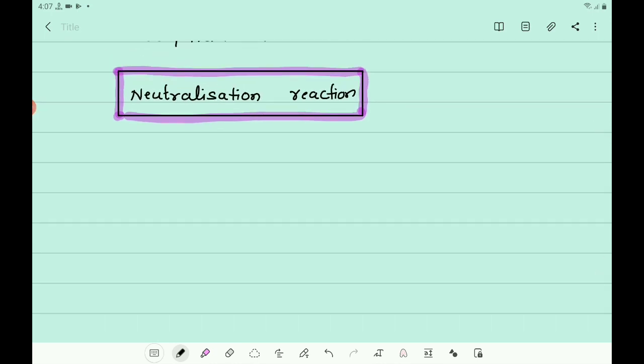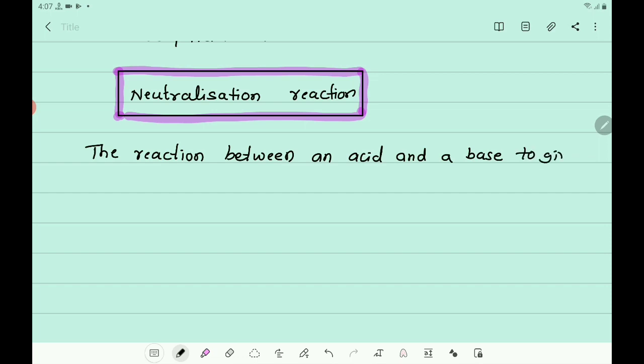The reaction between an acid and a base to give a salt and water is known as a neutralization reaction.